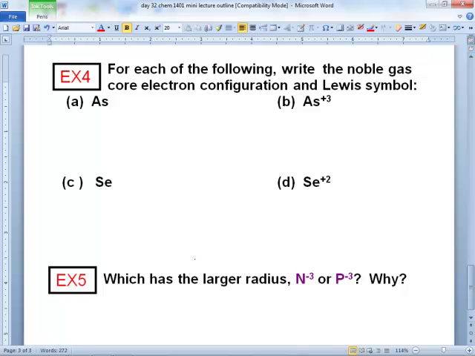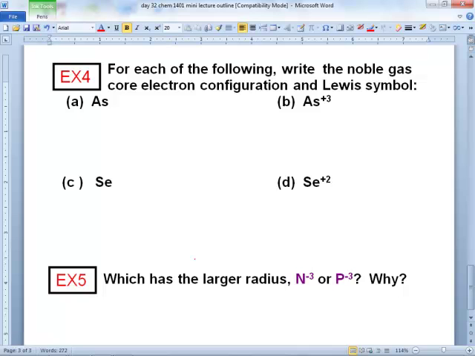Arsenic is way over here, so you've got to go Ar 4s2, right? And then you keep going. Now, when you write this, is it arsenic yet? You're not at arsenic yet. If you go to argon, you've got to keep going.